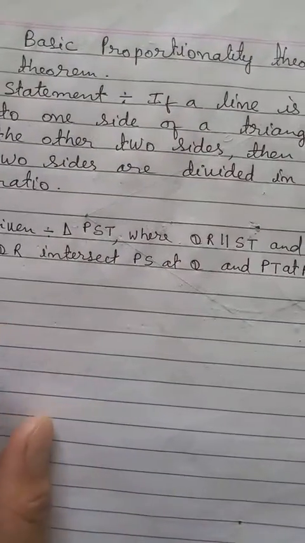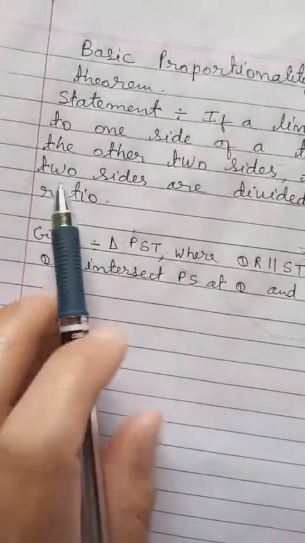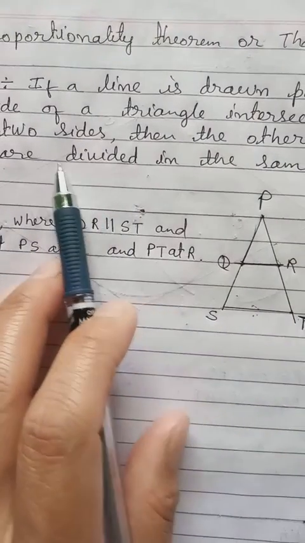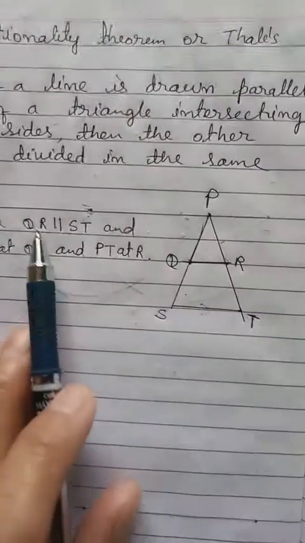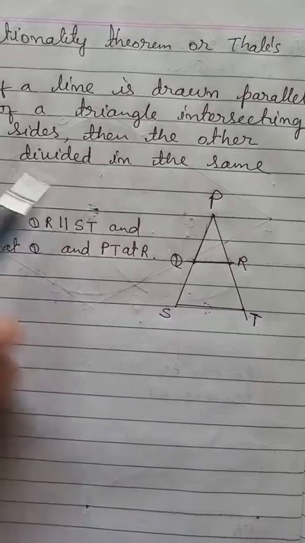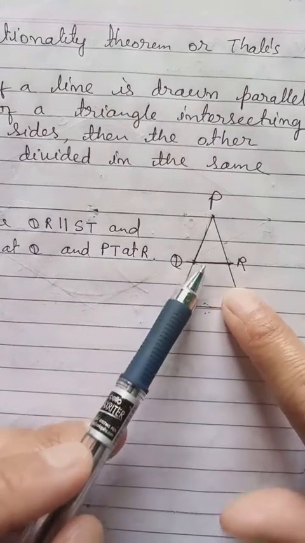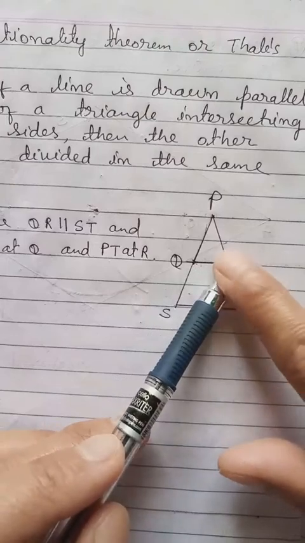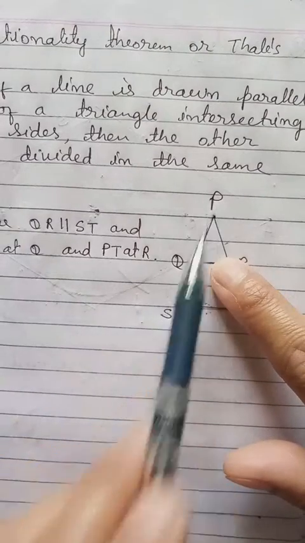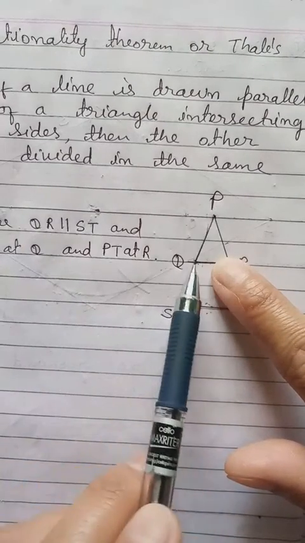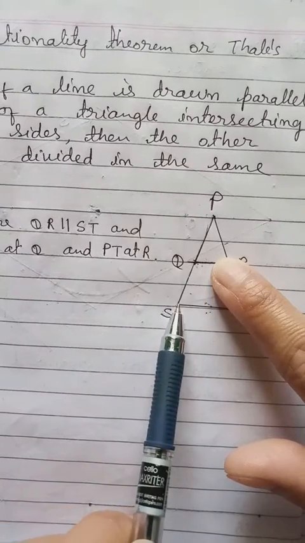Next we have to see what we have to prove. To prove, we have to see this: the other two sides are divided in the same ratio. Who divides those two sides? It is this line QR. If you see from the figure, we have this line QR. So this side PS is divided into PQ and QS.